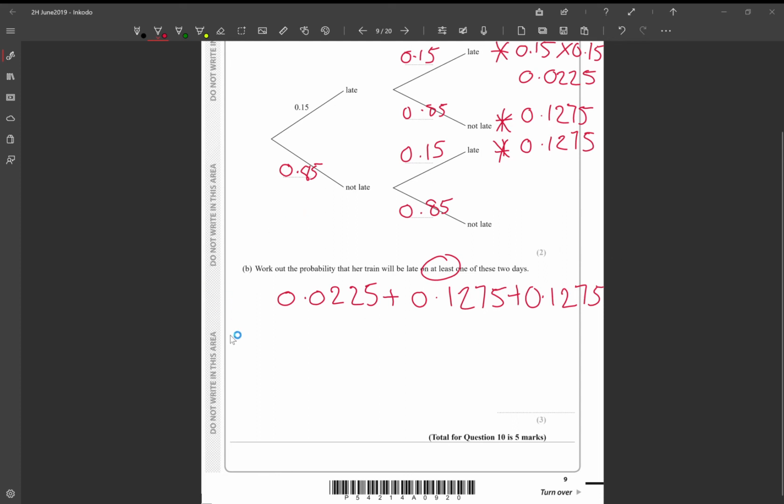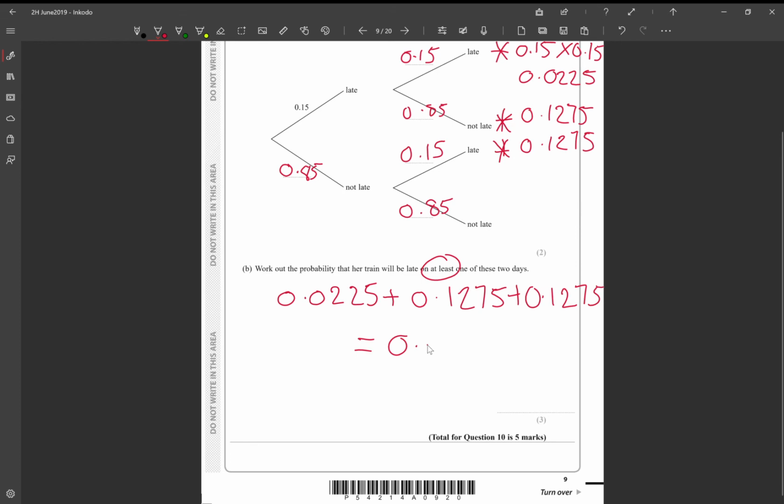So always structure it nicely and pretend you're reading it from somebody else's point of view. Can you read it? And is it neat?